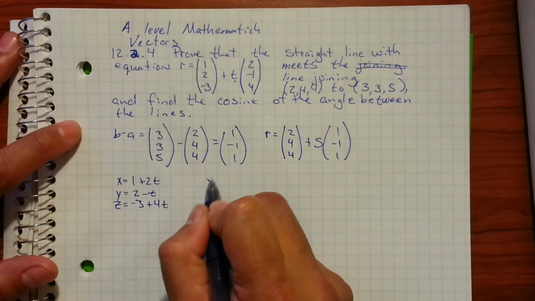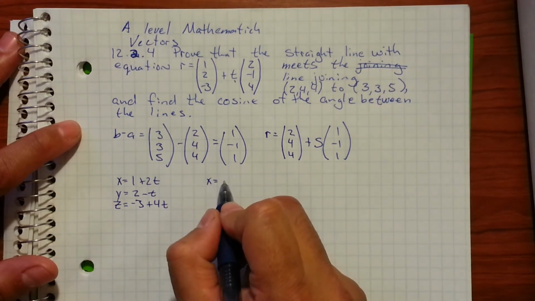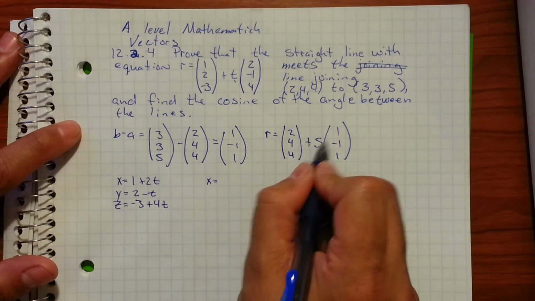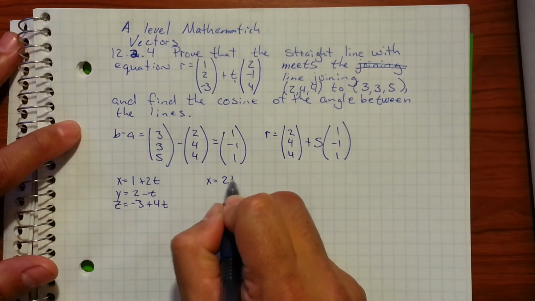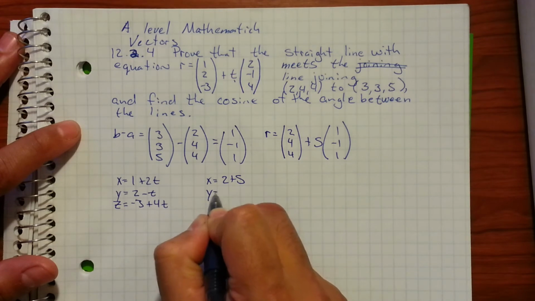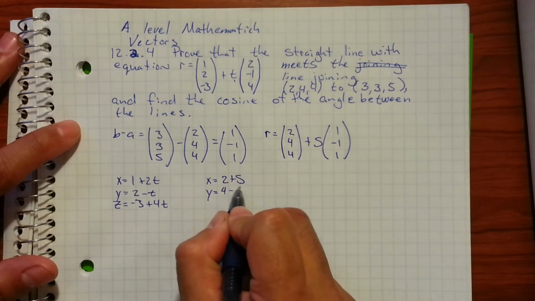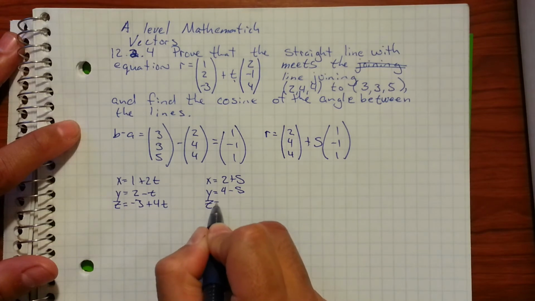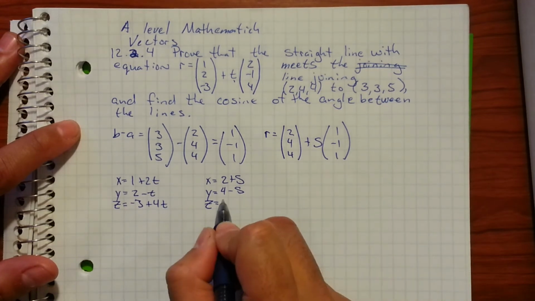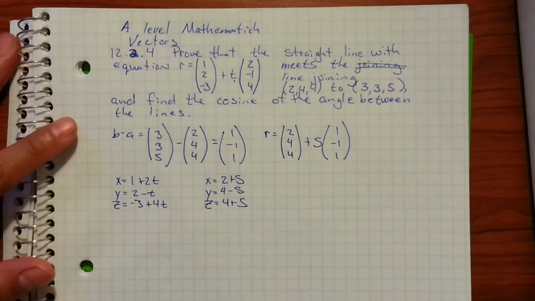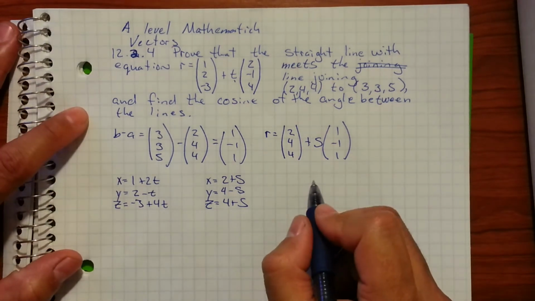On the other one, x is equal to 2 plus s. Y is equal to 4 minus s. And z is equal to 4 plus s. There we go, now set them equal to each other.